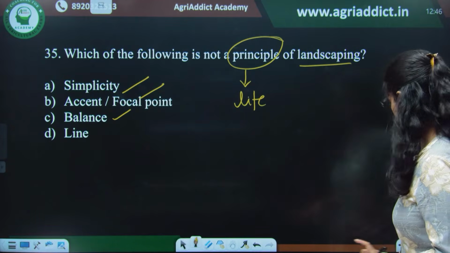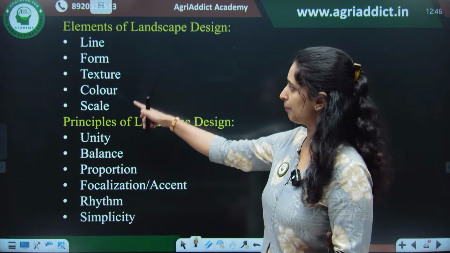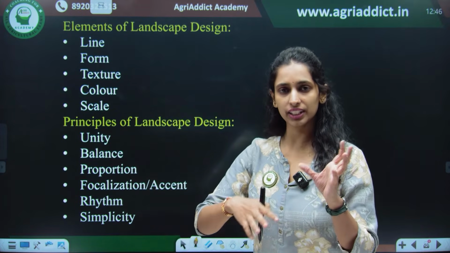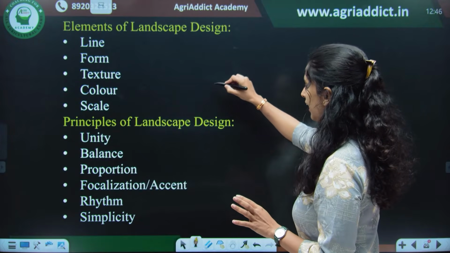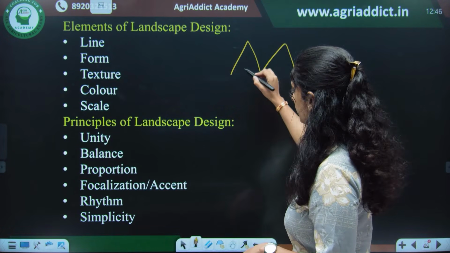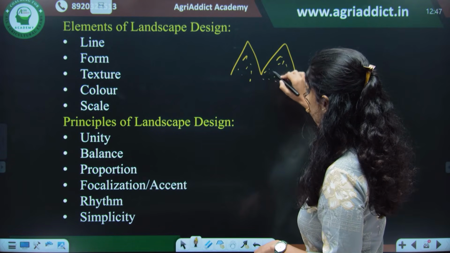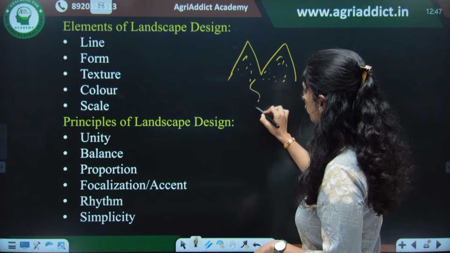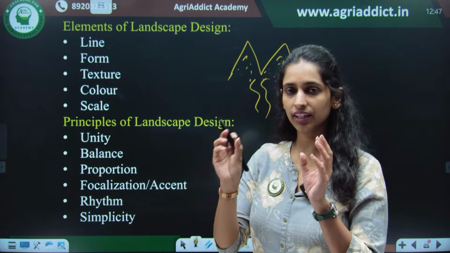So next slide we will see. See, these are the elements. Elements means by using those elements we will develop a garden design. Like line, we will draw a line. It will have different color, texture. Garden will have texture, and we will follow a certain scale. Scale means the ratio.